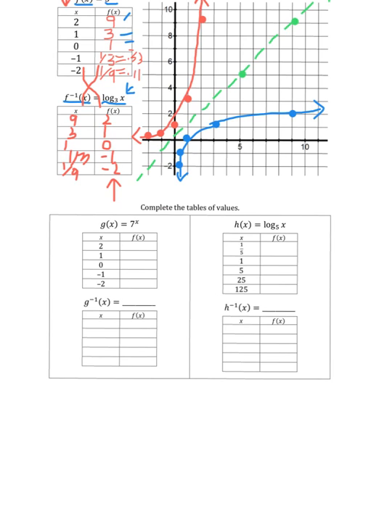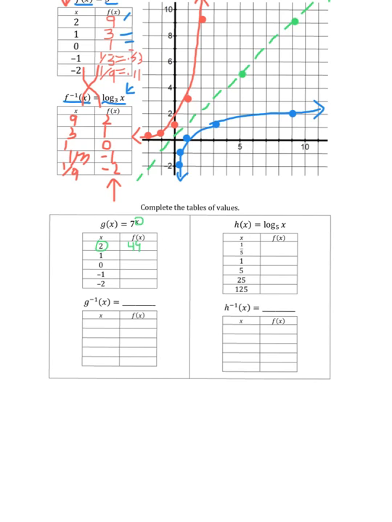I'll complete the table of values for the tables on the left for g of x and the inverse of g of x, and I'll have you do the ones on the right hand side. So if we put 2 for this x, we get 7 squared is 49.